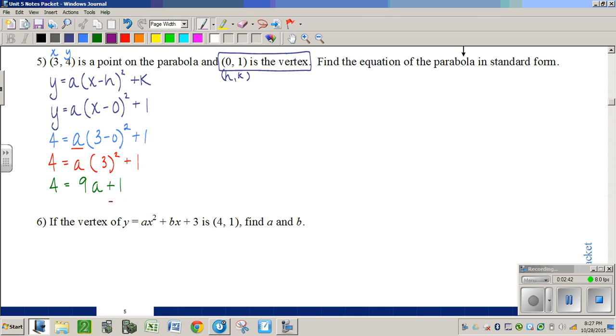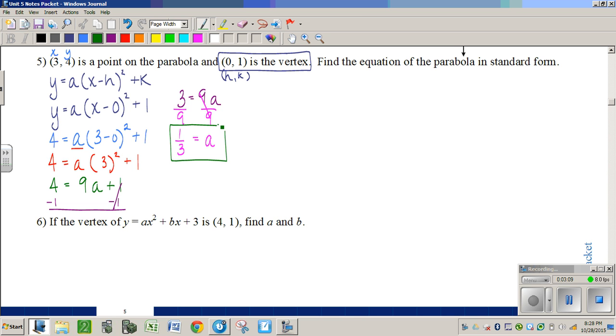And we can get rid of that 1. So now we have 3 equals 9a, and for our last step, in order to find a, we're going to divide by 9. So our a value, and I'm going to go ahead and reduce it, is 1/3. So far we have our 1/3 value for a, so we're going to need that, so keep that handy.